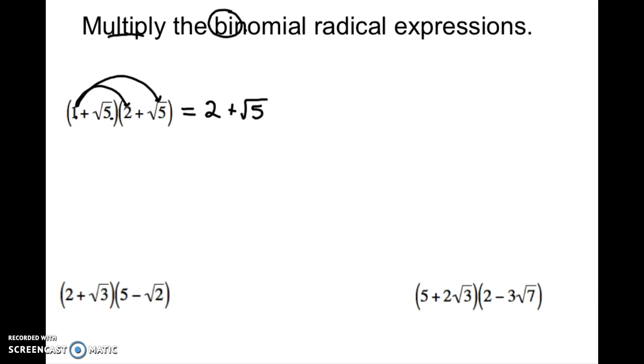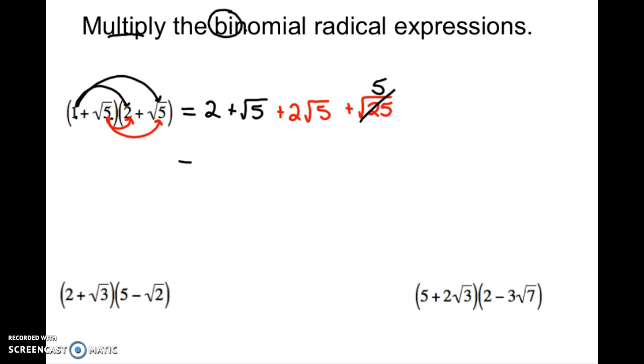Then I need to distribute square root of 5 times 2. That's going to be 2 square root 5. And the square root of 5 times the square root of 5 is the square root of 25. But to save myself a little trouble, I'm just going to think of the square root of 25 as 5.